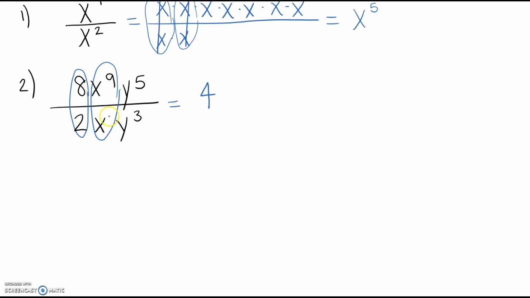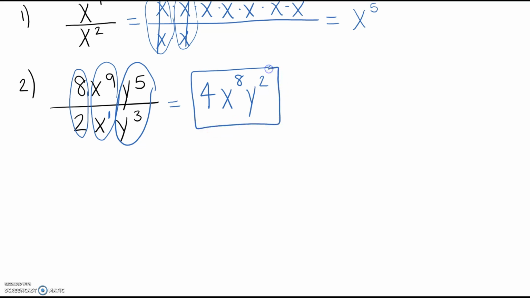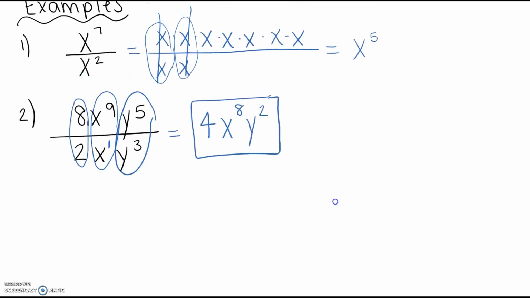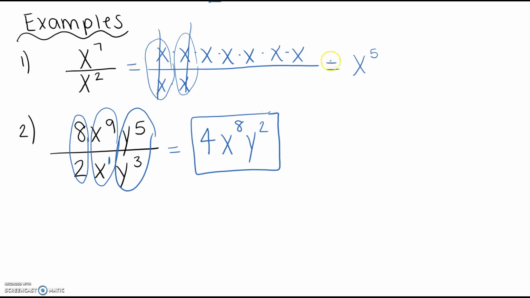So what's 9 minus, now remember this technically has an exponent of 1. So 9 minus 1 is 8. So we have x to the 8th, y to the 5th, over y to the 3rd. 5 minus 3 is 2. So we are left with y squared. So that's our final answer. And that's the work that needs to be shown. Worst case scenario, if you forget, you can show all of this work right here, although it'd be a lot of extra work.